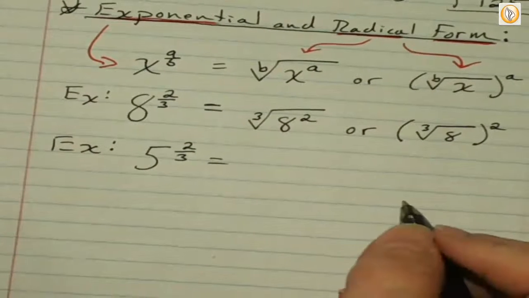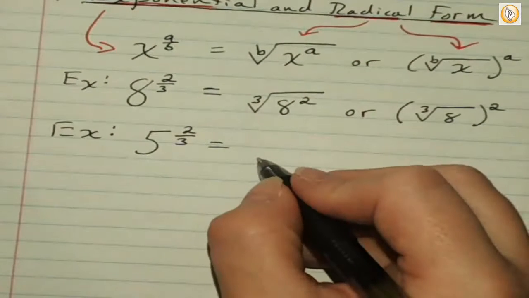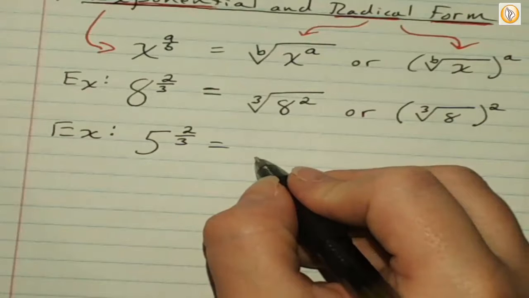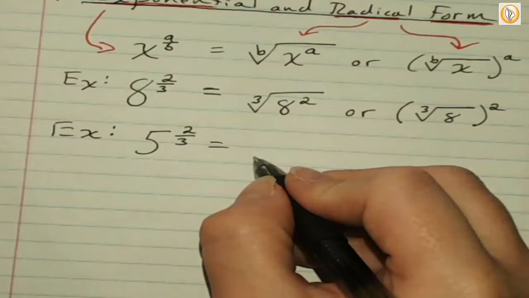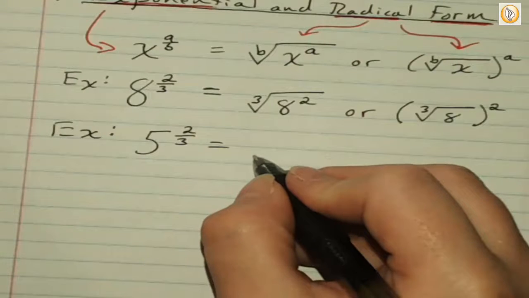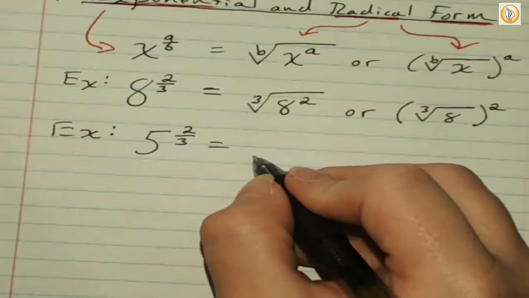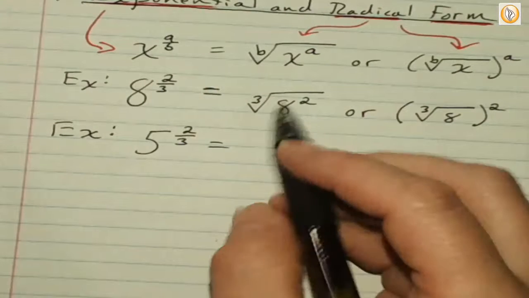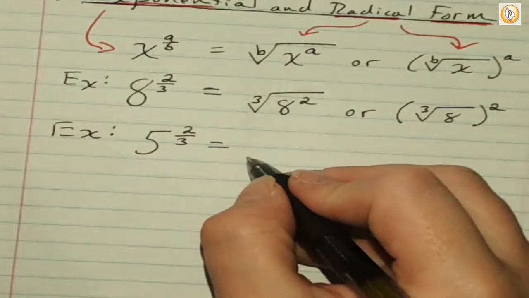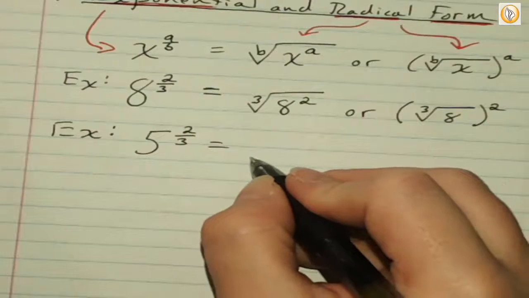Michaela, how would the radical form look? So first do this one. Put the 5 in the box thing.